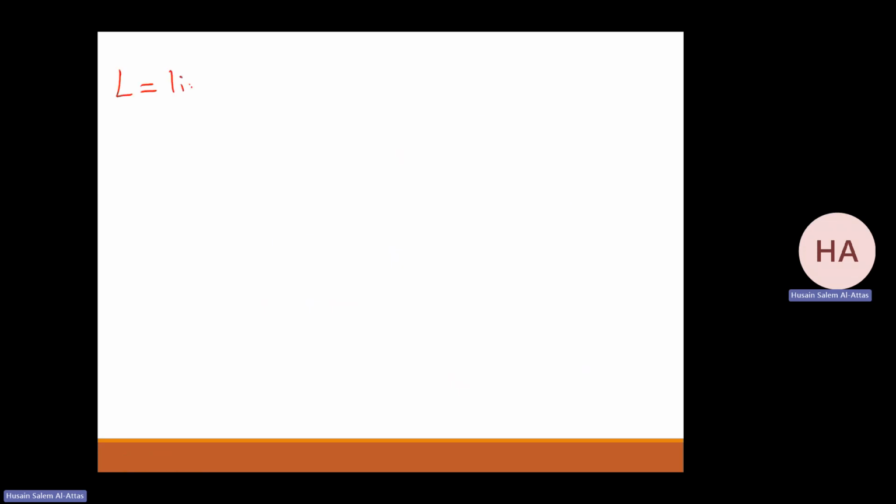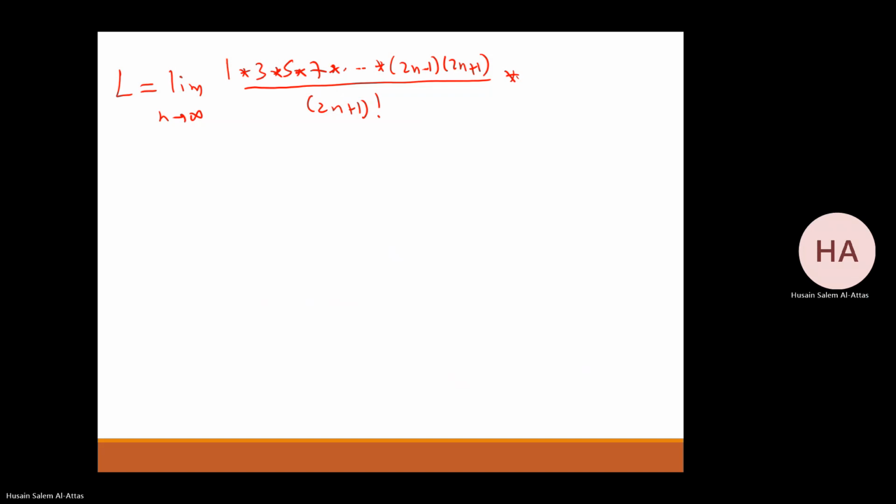L will be the limit as n goes to infinity of 1 times 3 times 5 times 7 times 2n minus 1, 2n plus 1 over 2n plus 1 factorial, times the reciprocal of this, 2n minus 1 factorial over 1 times 3 times 5 until you reach 2n minus 1. I'm doing it in detail.